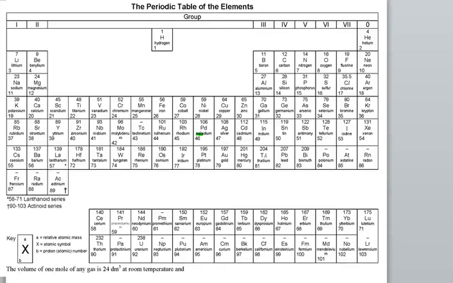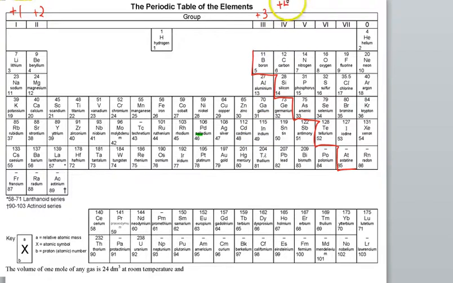Now let's draw a simple line to show where the metals and non-metals are. Things from group 1 to group 3, generally they'll follow oxidation state of plus 1 for group 1, plus 2 for group 2, plus 3 for group 3. Now for group 4, generally it can be a plus 4 or minus 4.